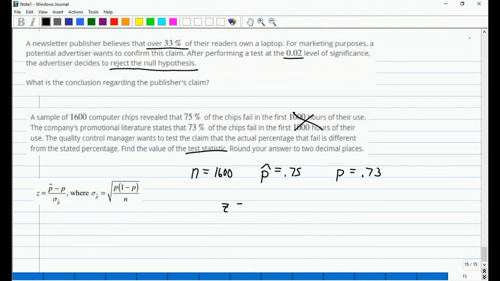My z-value equals p hat minus p over the square root of 0.73 times 1 minus 0.73, which is 0.27, all over n, and that's 1,600. Again, when you're working this out, don't forget to take that square root before you divide. So you probably want to punch this in your calculator and take it out to a couple of places.